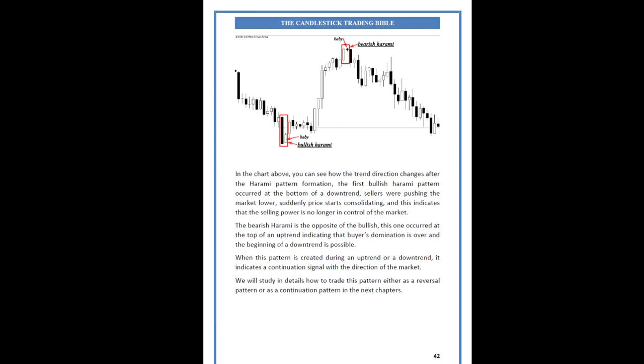Now on the other side, at the top, we have the bearish Harami pattern, and this one occurred at the top of an uptrend, and it basically indicates that buyers were dominating but sellers are about to cause a reversal and the beginning of a downtrend.